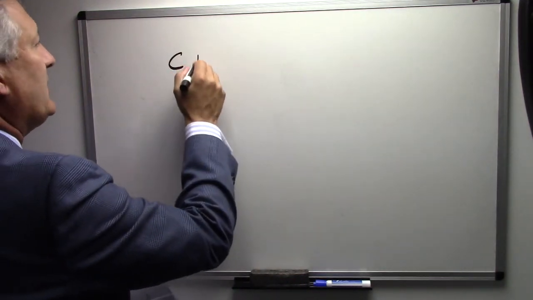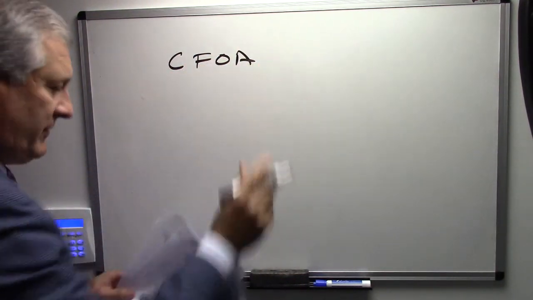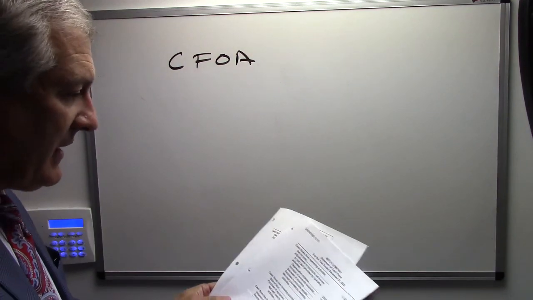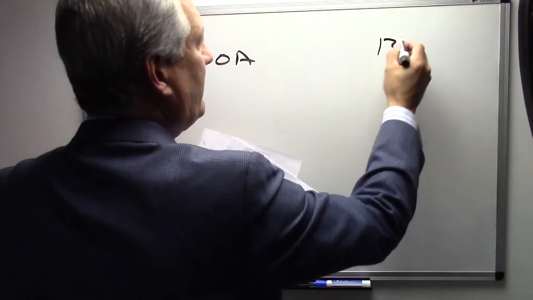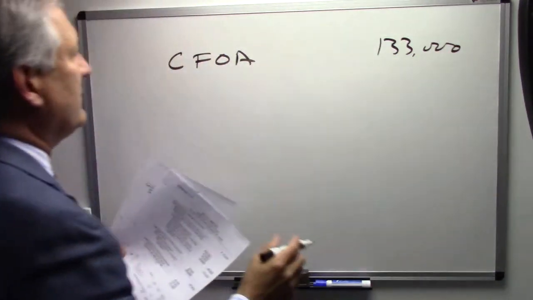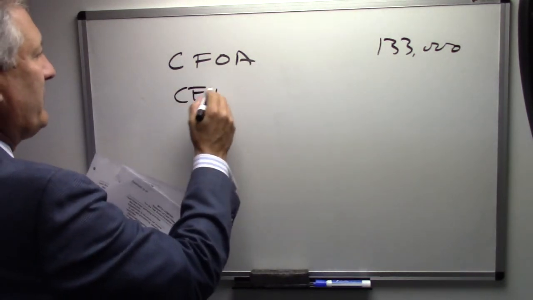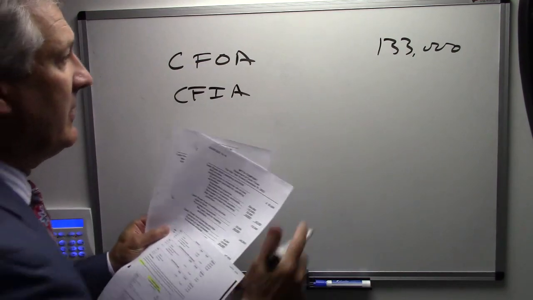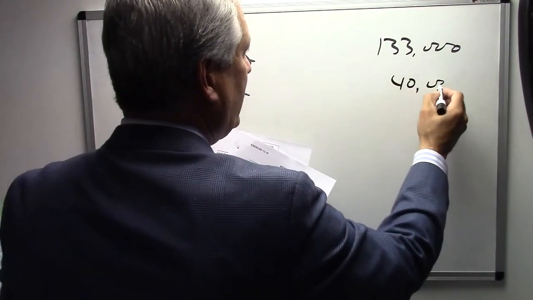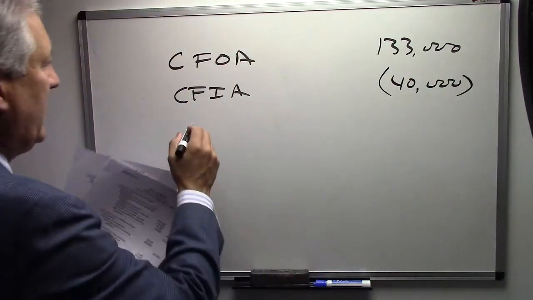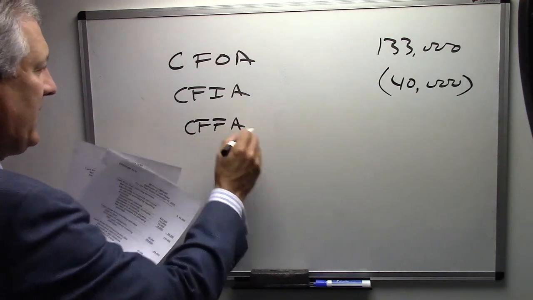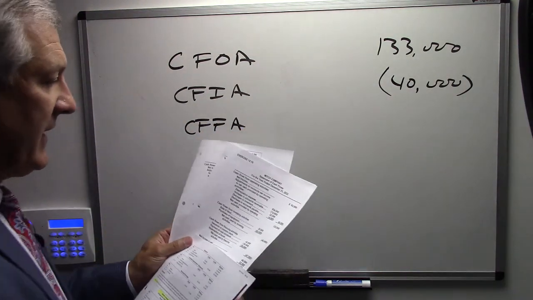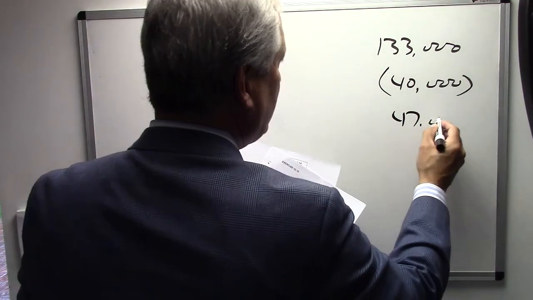So we had cash flows from operating activities ended up being a positive number of $133,000. We had cash flows from investing activities. That was a negative number of $40,000. And we had cash flows from financing activities. Again, that was a negative number of $47,000.